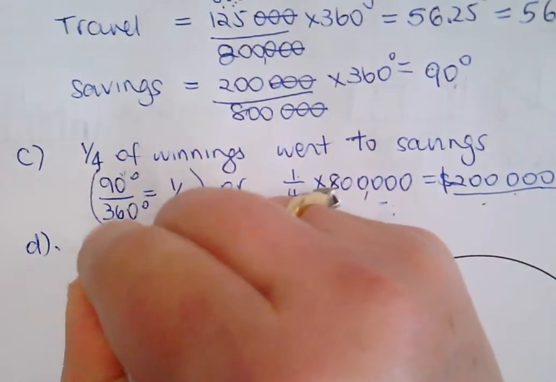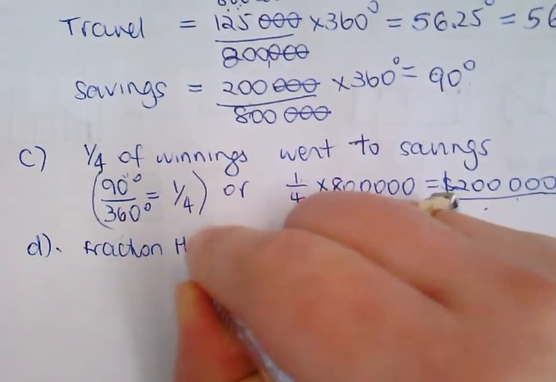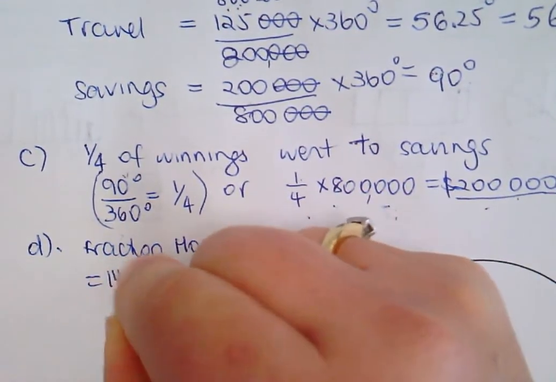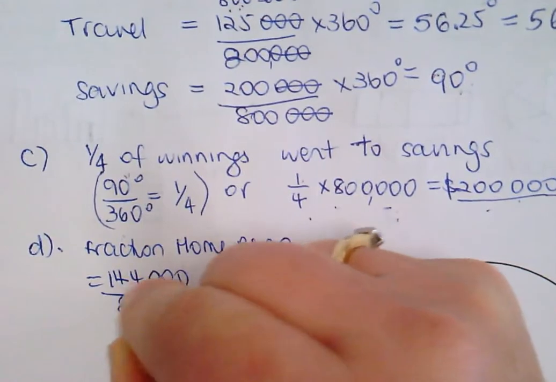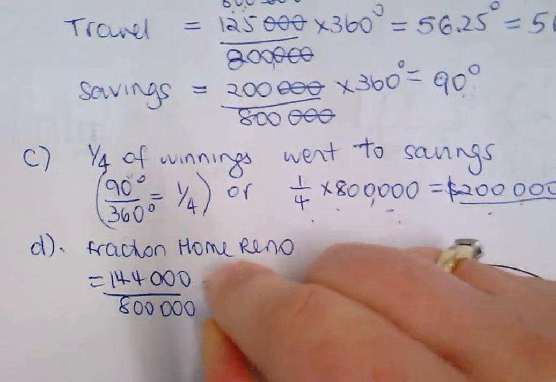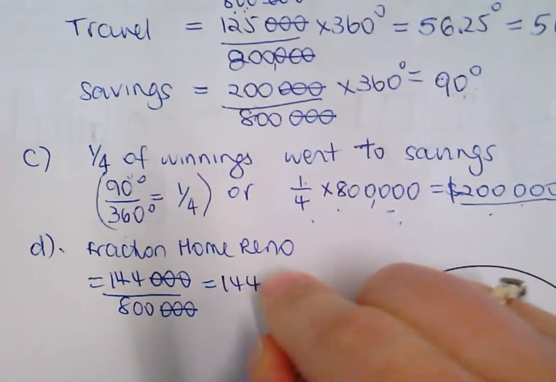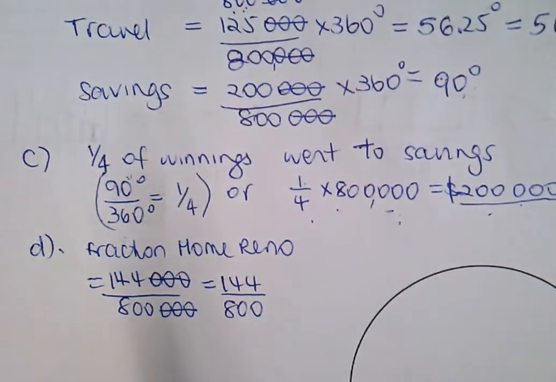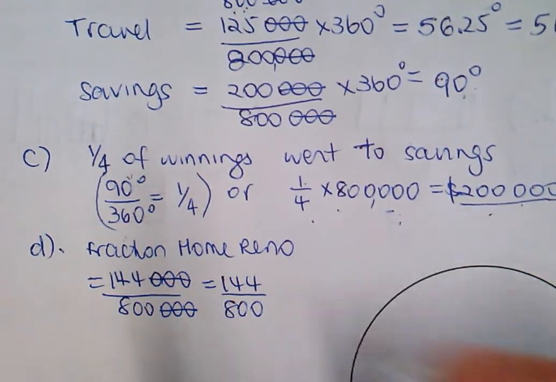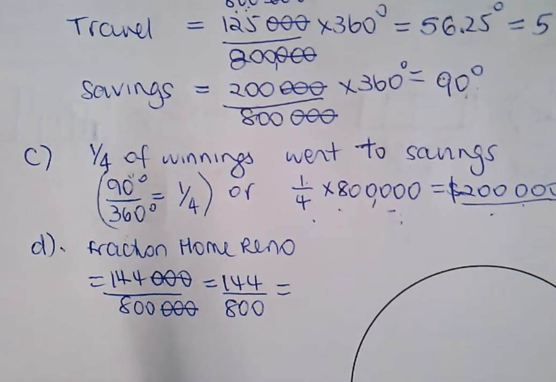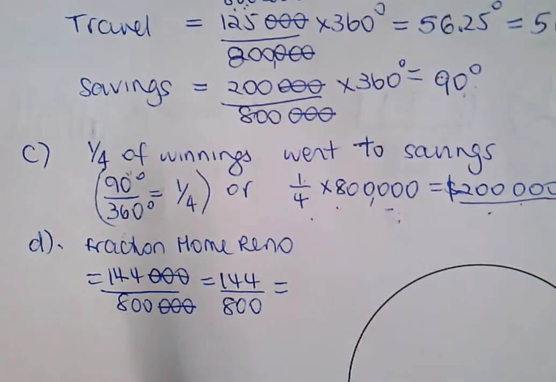So the fraction on home renos is 144,000 over 800,000. Just be careful here. I'd be crossing off the zeros manually. You don't want to be putting the wrong number of zeros in your calculator in an exam. And now you can go 144 fraction 800 on your calculator and it will simplify it for you.